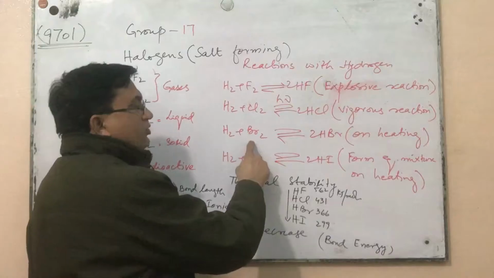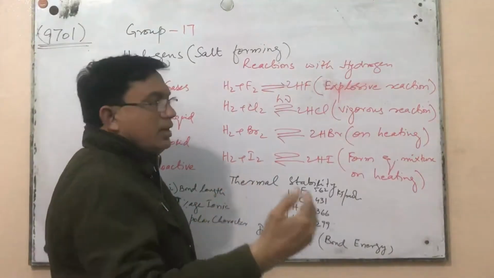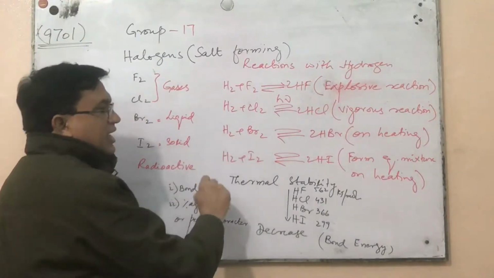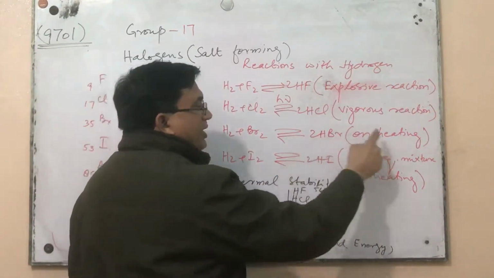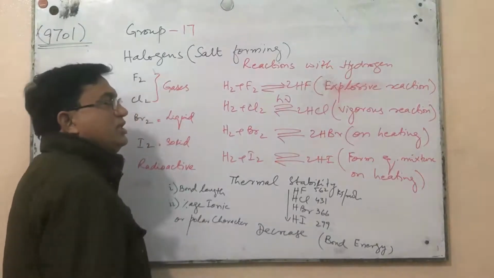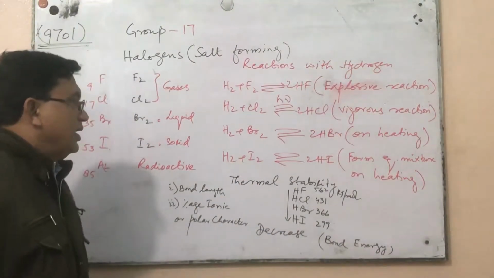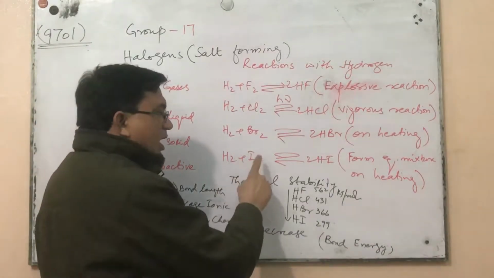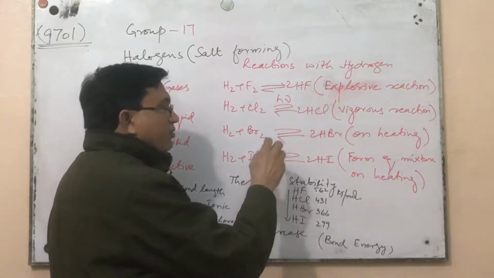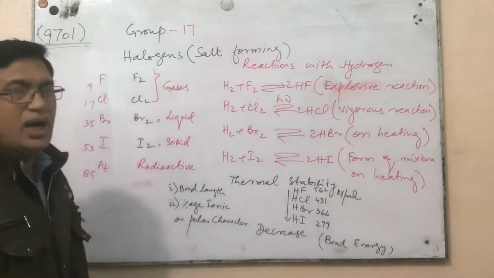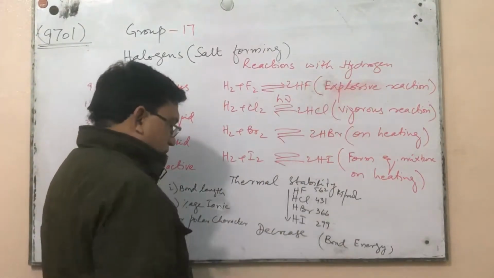But when hydrogen reacts with bromine, because bromine is already present in the liquid state and is less reactive, the reaction takes place on heating. And with iodine, even on heating, it produces an equilibrium mixture.